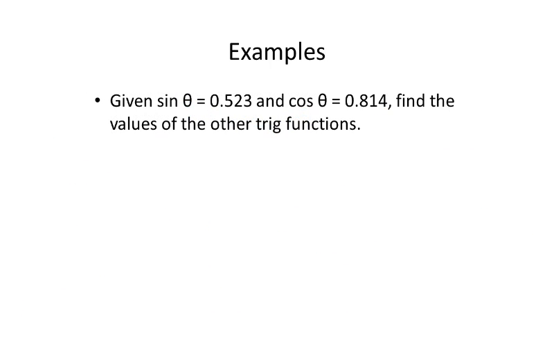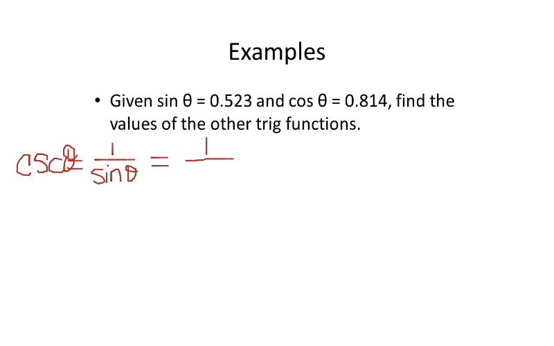Here we're given sine and cosine. We want the other trig functions. Well, remember that cosecant is sine flipped over. It's 1 over sine of theta.